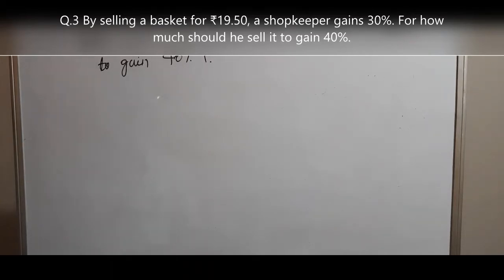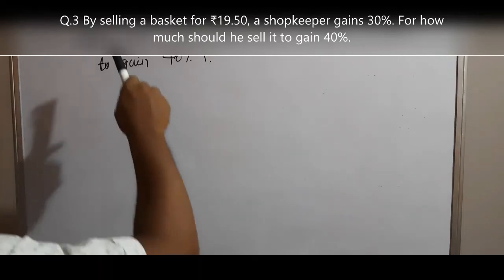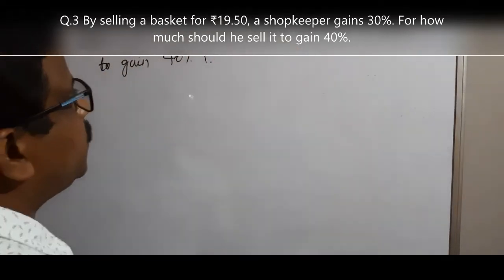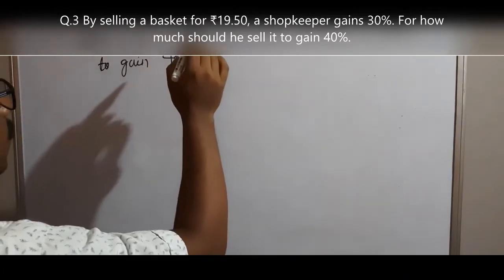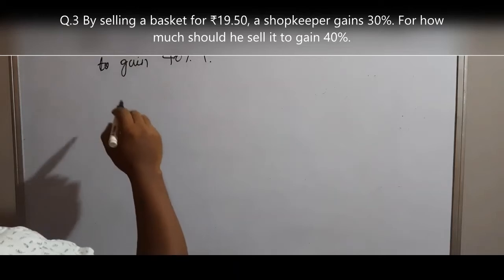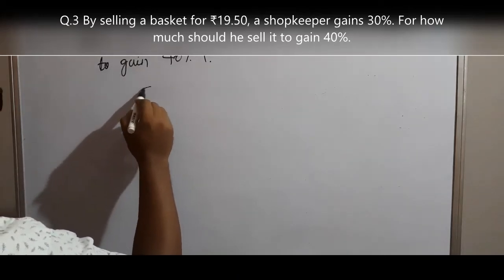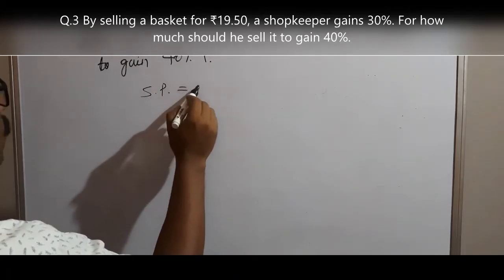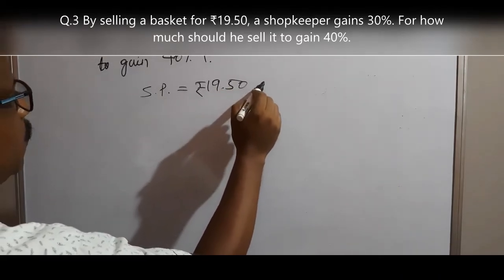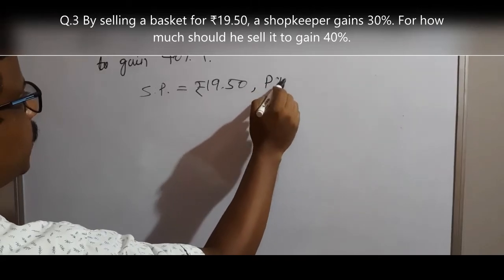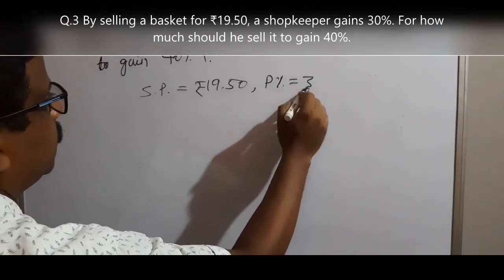By selling a basket for rupees 19.50, a shopkeeper gains 30%. For how much should he sell to gain 40%? So first statement, the selling price is given, rupees 19.50, gain is 30%. So from this SP and gain percentage we can get CP. So right here SP is equal to rupees 19.50 and profit percentage is given 30%.